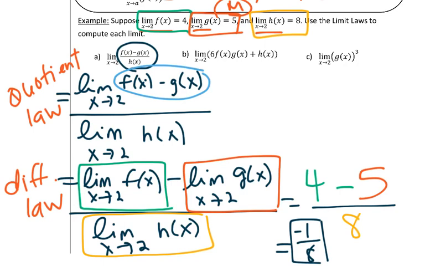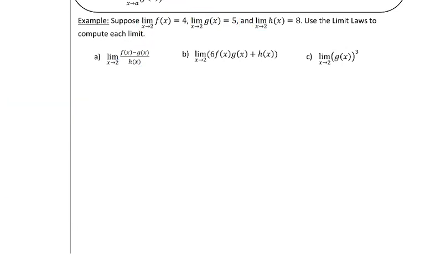All right, so that's just an example of how we expand it out and use the limit laws. All right, so let's do this again, and let's do part B. Let's see, I definitely don't have room for all these other ones, but let's do part B. The first thing I notice is this right here has a plus, so I'm going to start with that.